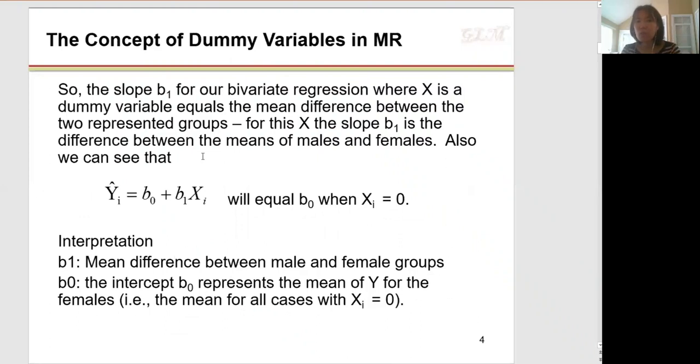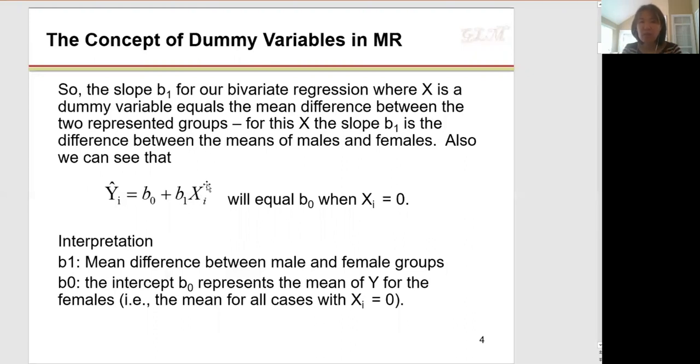The slope B1 for our bivariate regression, where X is a dummy variable, equals the mean difference between the two represented groups. For this X, the slope B1 is the difference between the means of males and females.